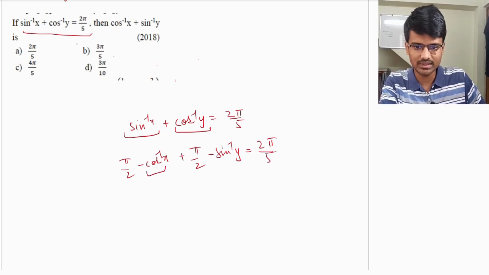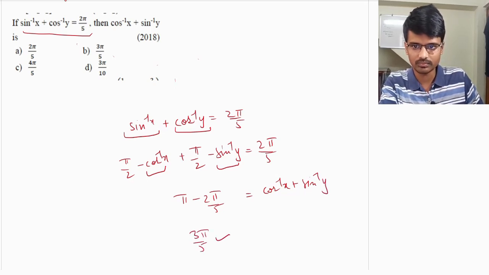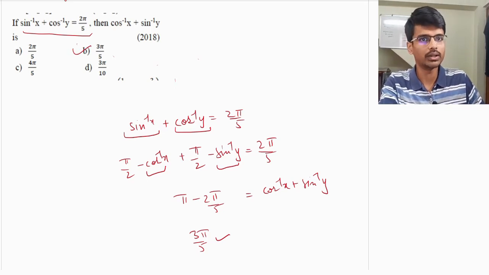Now I'll take these two to my RHS. So I'll get pi minus 2 pi by 5 equal to cos inverse of x plus sine inverse of y, which is the required thing. So this is nothing but 3 pi by 5. So the correct answer is option B. So this was similar to what we did in the previous question.